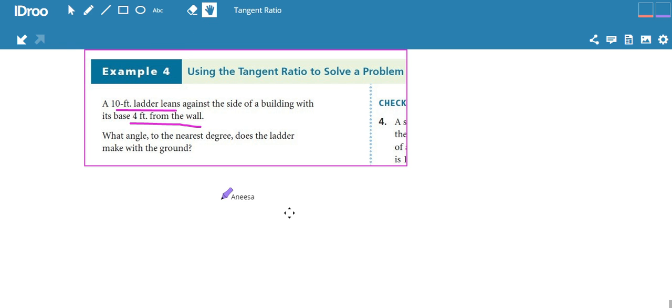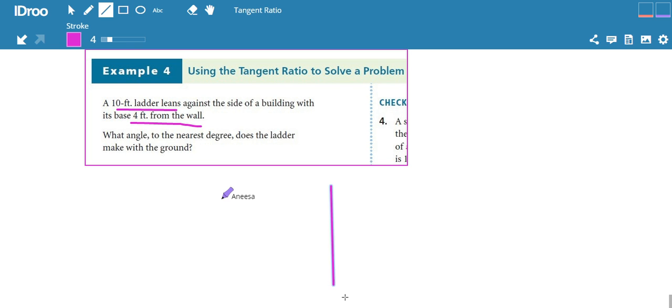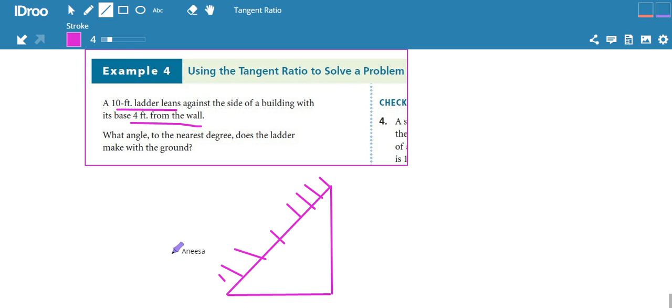First, we have to draw it. Say this is a wall, and then there is a ladder. The ladder is obviously like that, and then its base would be this one.